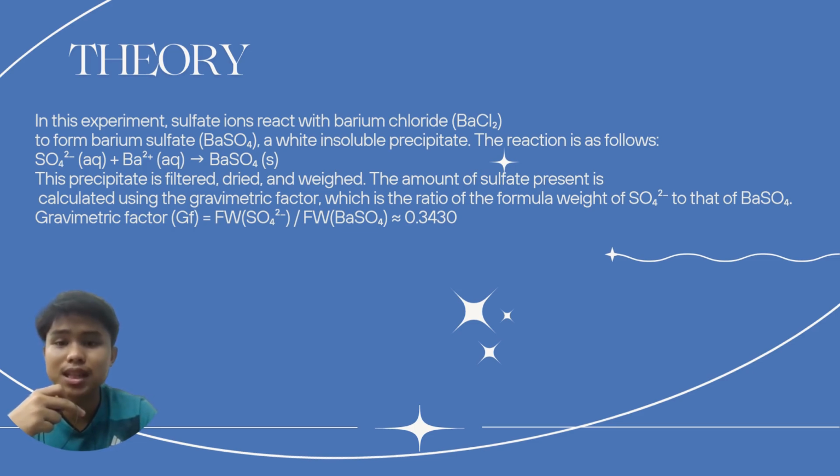The precipitate is filtered, dried, and weighed. The amount of sulfate present is calculated using the gravimetric factor, which is the ratio of the formula weight of SO4 2- to that of BaSO4.